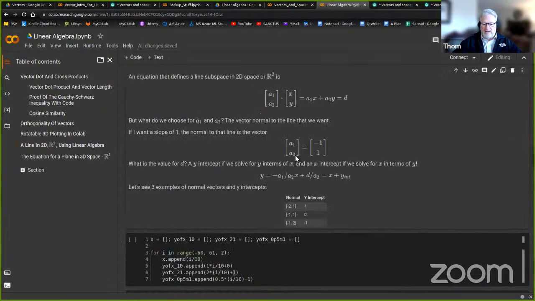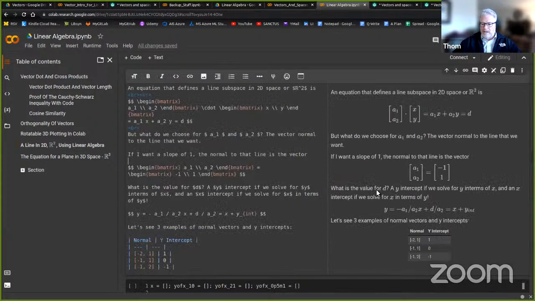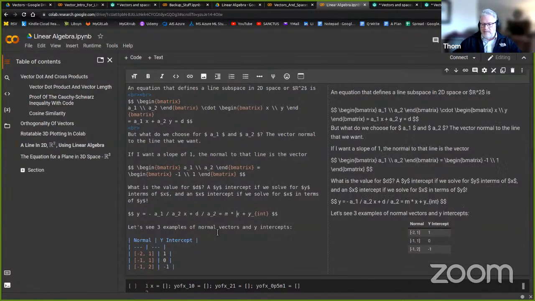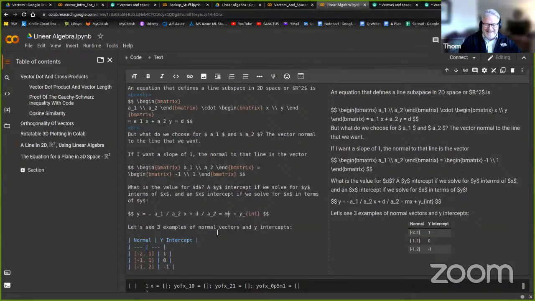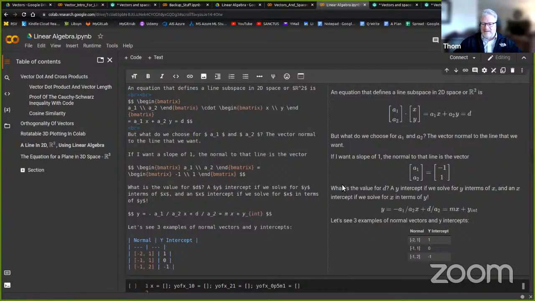Now let's see if I got any other problems. So that meant that I also left out that this should be m, and we're going to go ahead and use that. We know that mx is a multiplication.